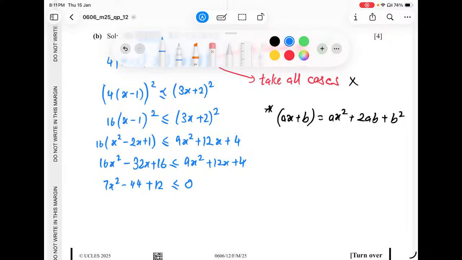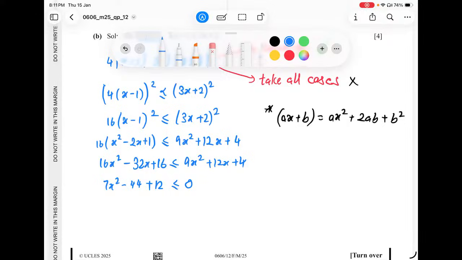Basically you can either do this by the factorizing method or use the quadratic formula. Here let me go with the factorizing method to show you how it is done, because since it is non-calculator, most of these answers will be whole numbers, so it's better to go with the factorizing method.